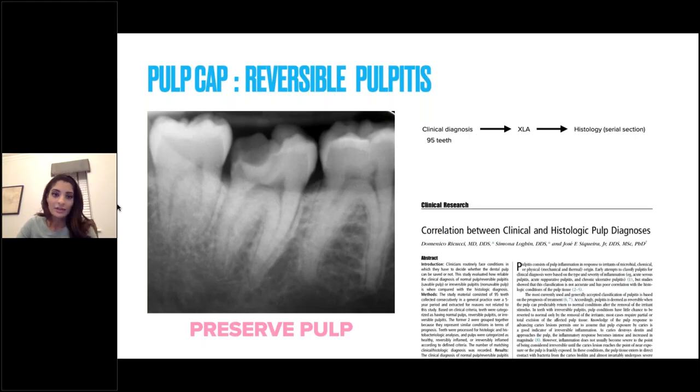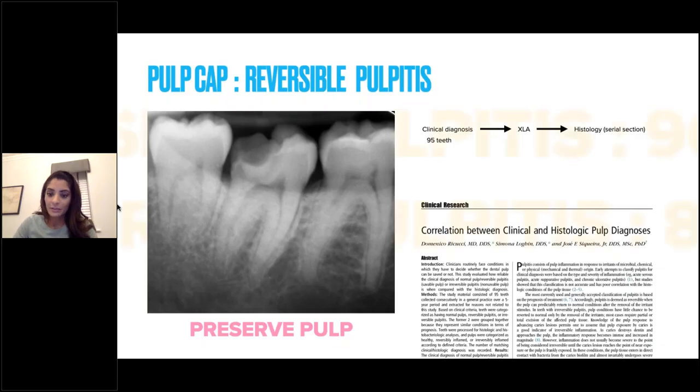Following that, they classified the patient into a clinical diagnosis of reversible or irreversible pulpitis, depending on what the patient told them. After that, they took the teeth out and histologically looked at what was going on in the pulp to see if it matched the clinical diagnosis.